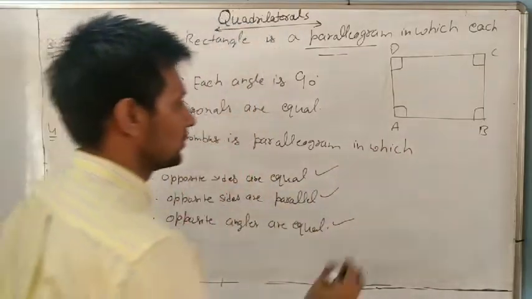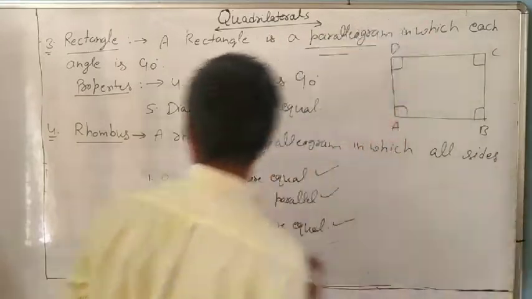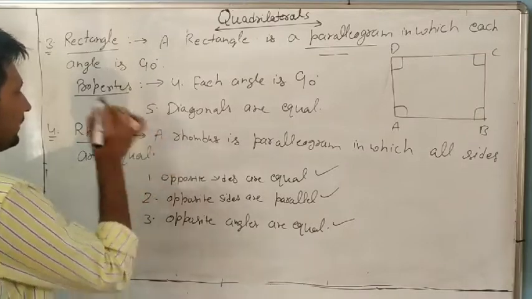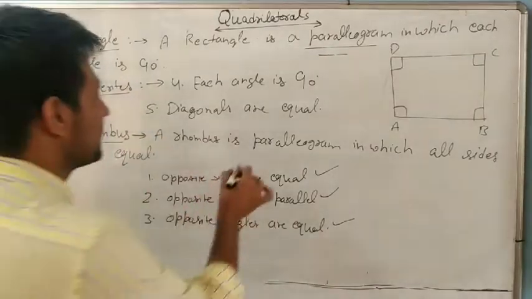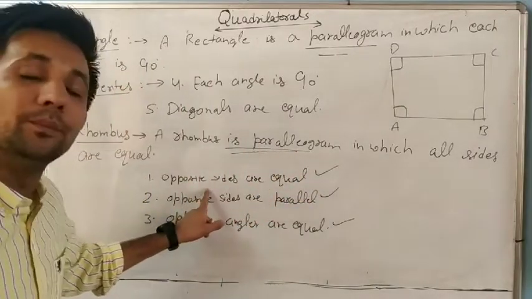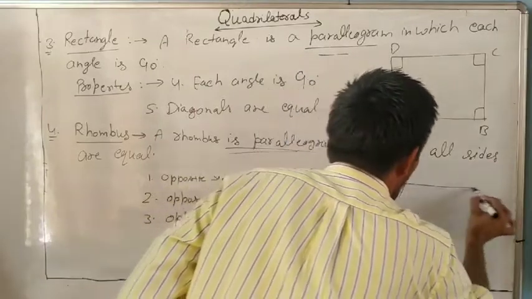A rhombus is also a parallelogram in which all sides are equal. In a parallelogram only opposite sides are equal, but in a rhombus all sides are equal.